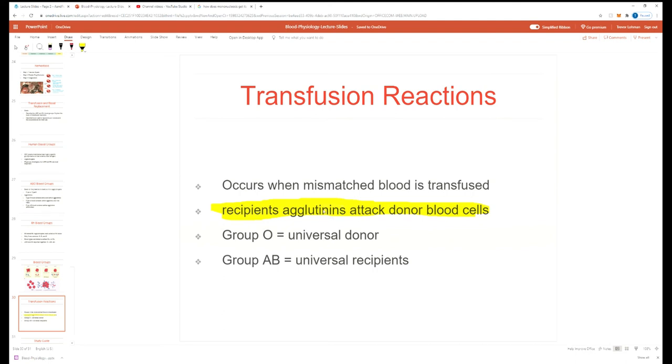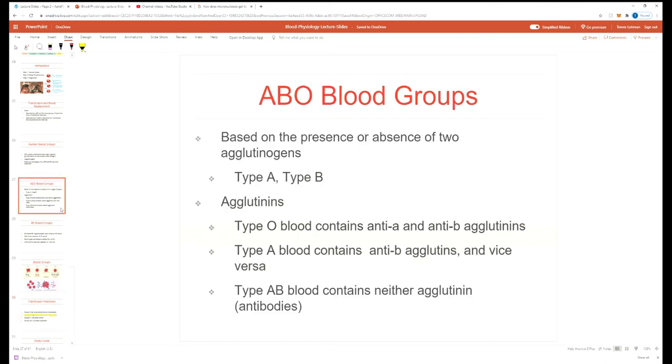Agglutinins is just a more specific word, but it's a type of antibody. Recipient's antibodies attack the donor's antigens. So write antibodies, and then over here write antigens. The recipient's antibodies attack the donor's antigens. That is totally necessary for you to understand transfusion reactions. But before we get there, I'm going to go back to where we were.